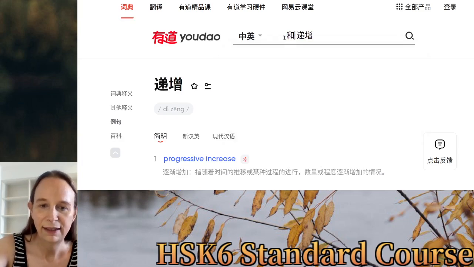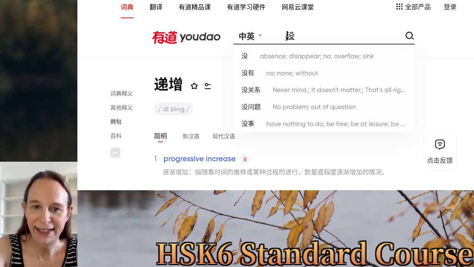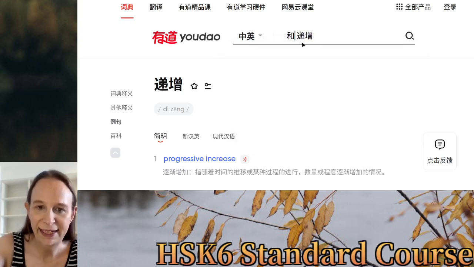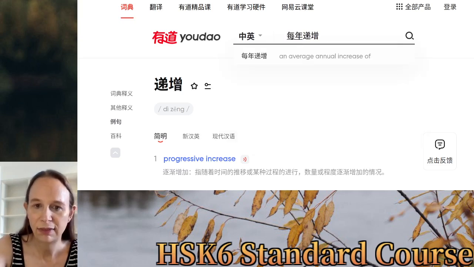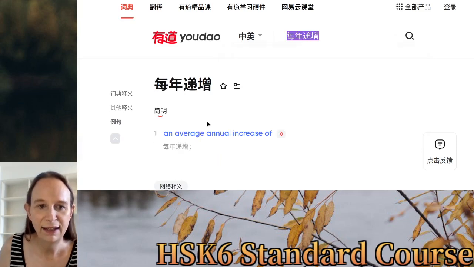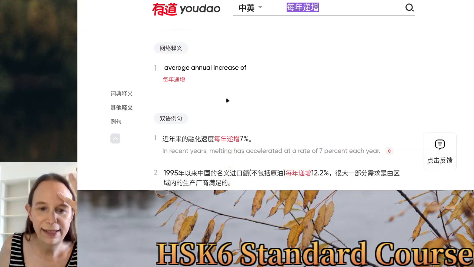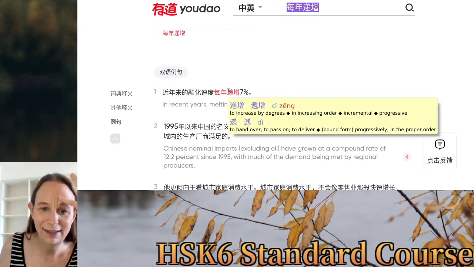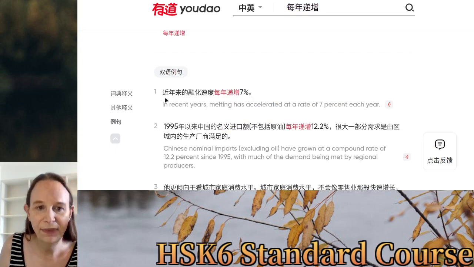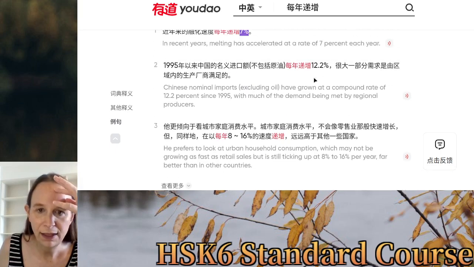Maybe I put 每年 or 每天. 每年. What if we put this? 每年递增. Yeah, every year incrementally increases by 7%. 今年来的融化速度每年递增7%.